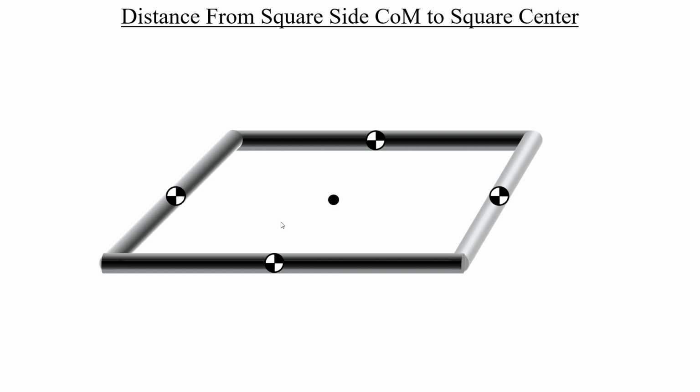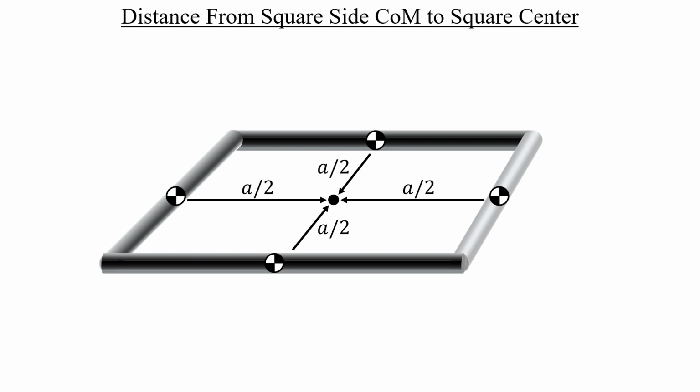If each side has a length of a, then if we chop a side length in half, the displacement from the center of mass from one side to the very center is going to be a divided by 2. And in fact, because of the symmetry of this object, it's going to be the same displacement from all sides. Each center of mass to the very center will be equivalent to a divided by 2.